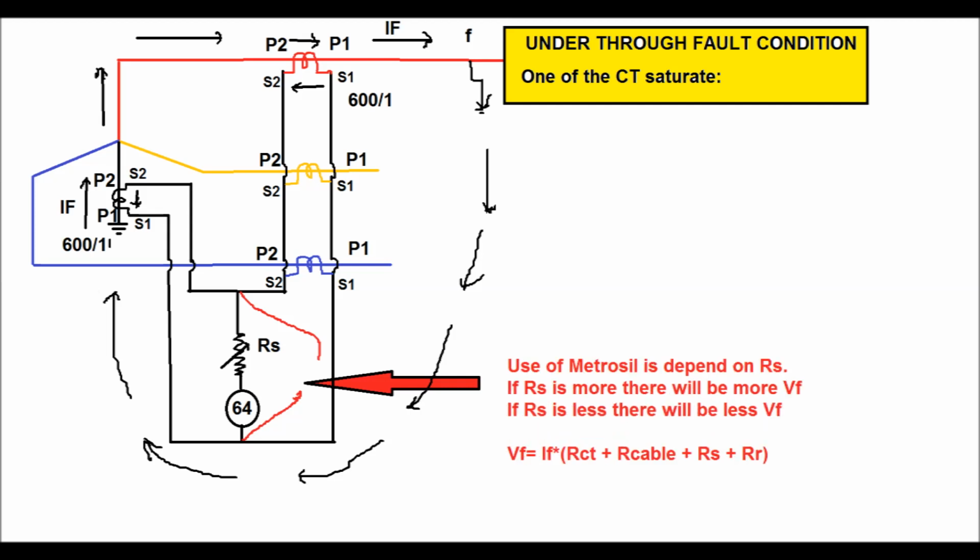Now again, if the value of Rs, that is the stabilizing resistor value, is more, then the high voltage developed across the relay along with the resistor will be more. If the value of the stabilizing resistor is less, then the high voltage developed under fault condition will be less.